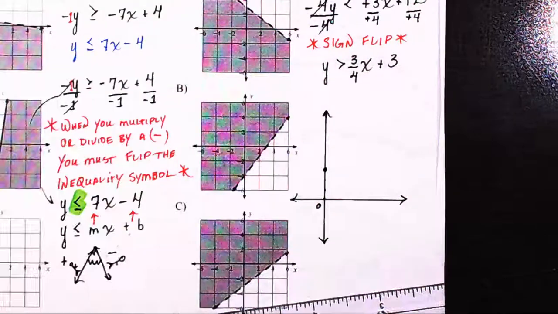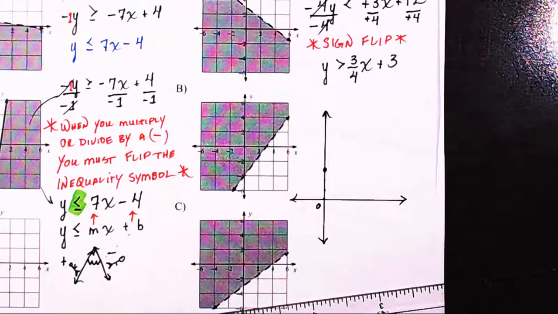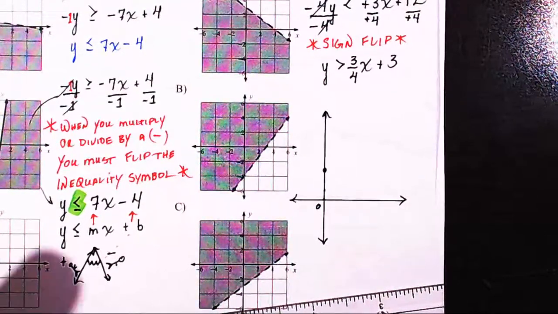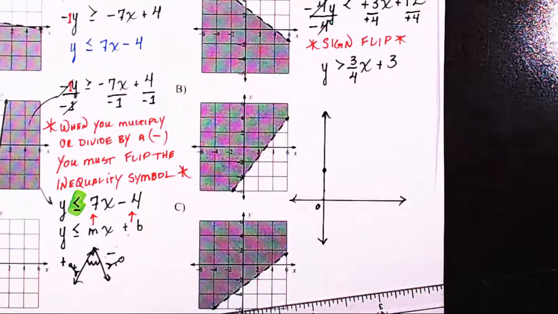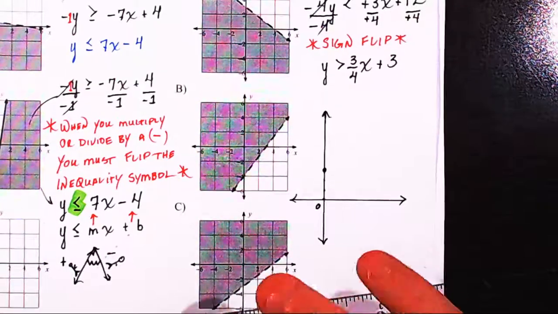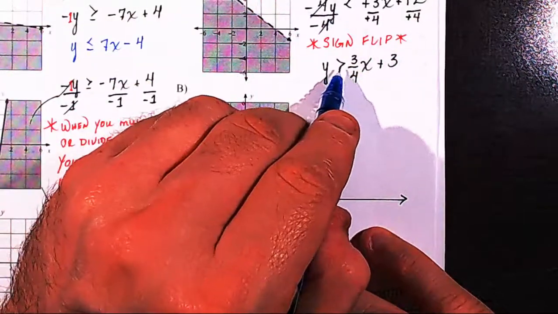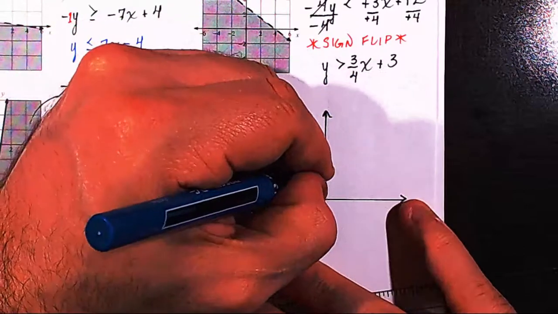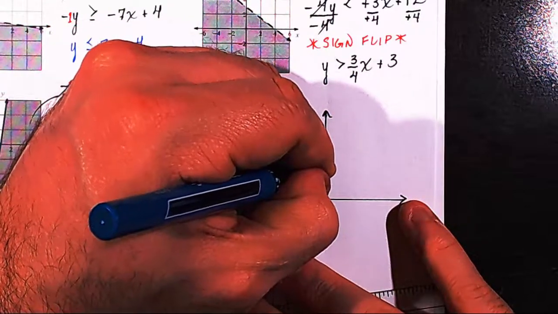and plot that point. Now I should be super careful right here, because now, and I'll do this with a different color, now I'm not just plotting a line, I'm plotting an inequality. And actually, this is a greater than symbol, so it means it does not include points on the line.